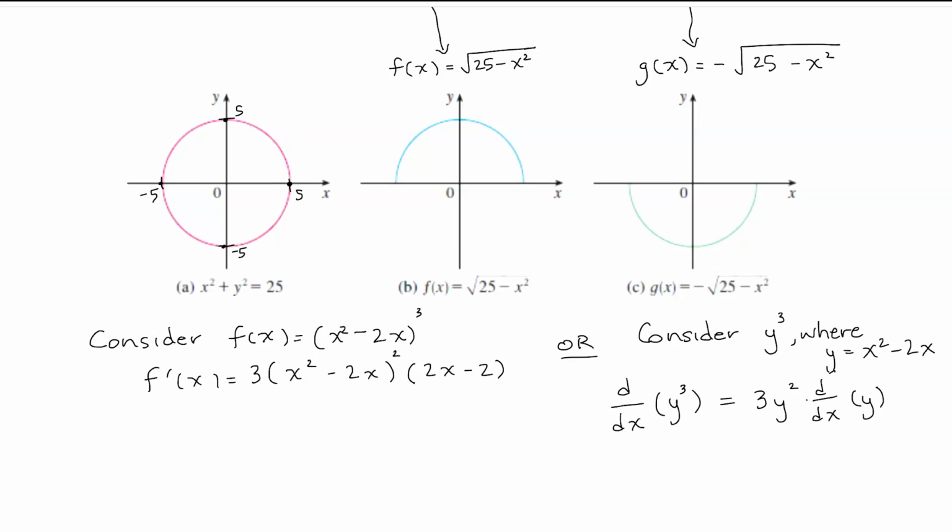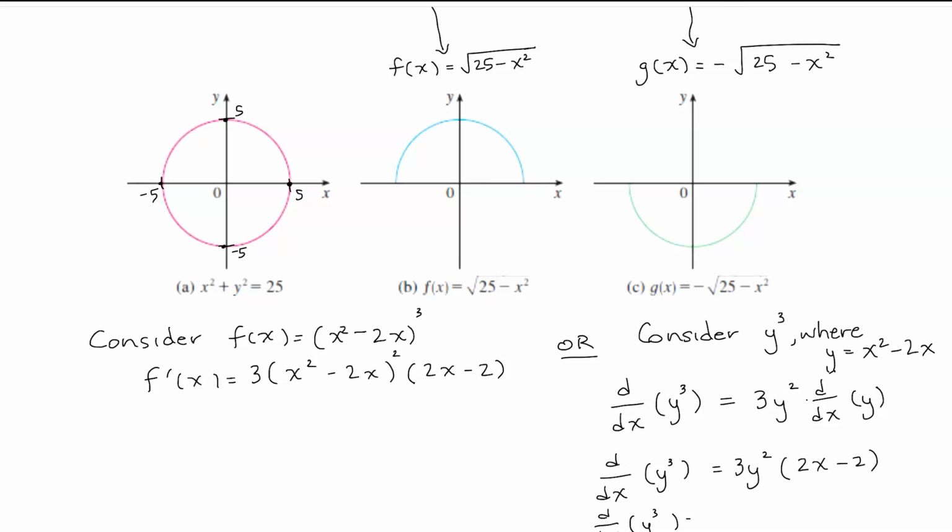Let me just clean this up a little bit here. Sorry about that. In this case, because y is an explicit function of x, we can, in fact, find its derivative, and the derivative of y, which is x squared minus 2x, is 2x minus 2.